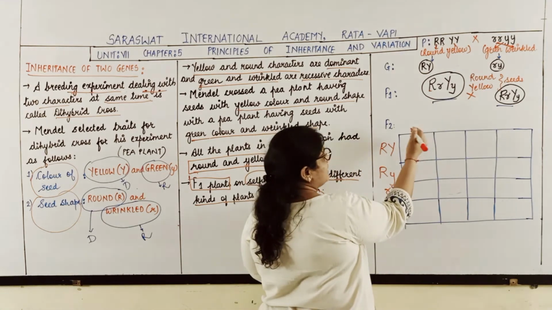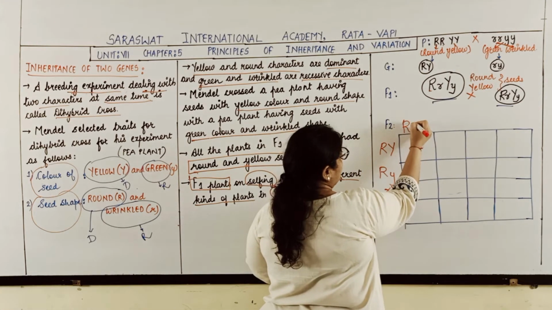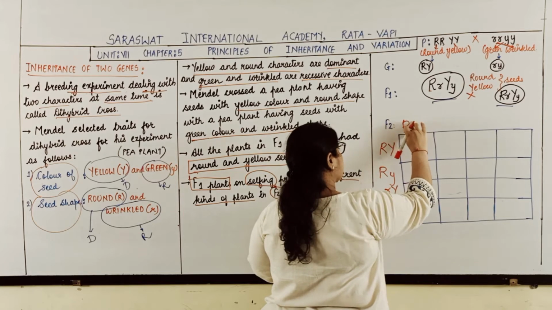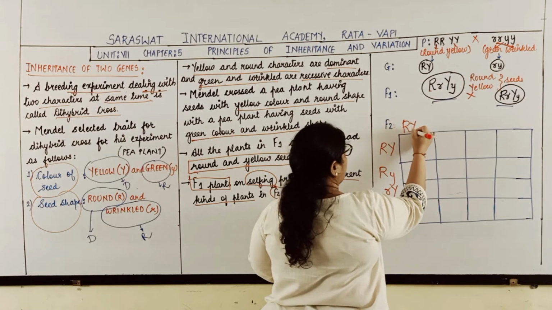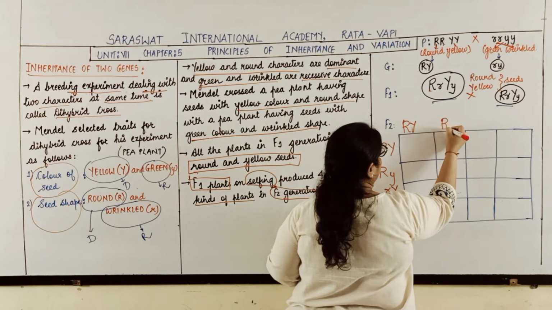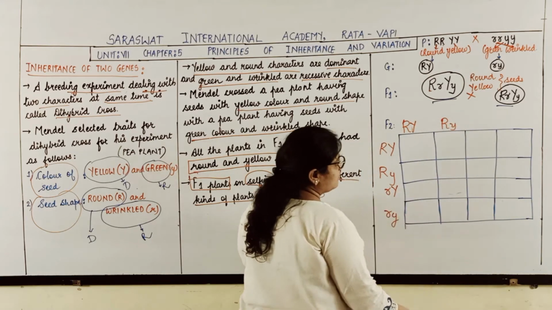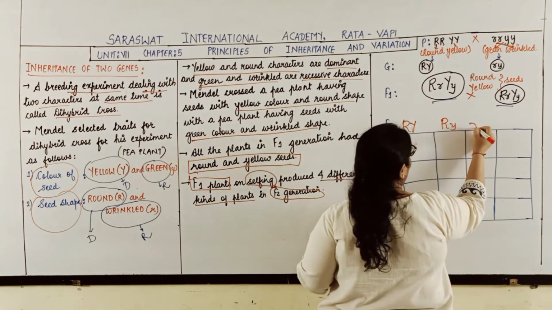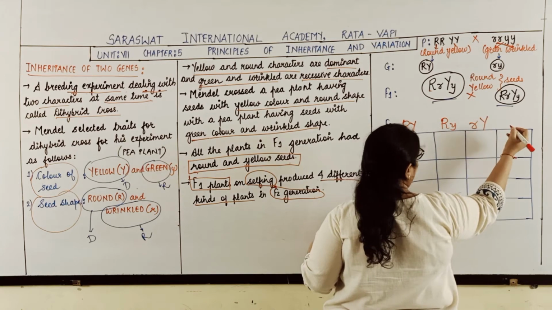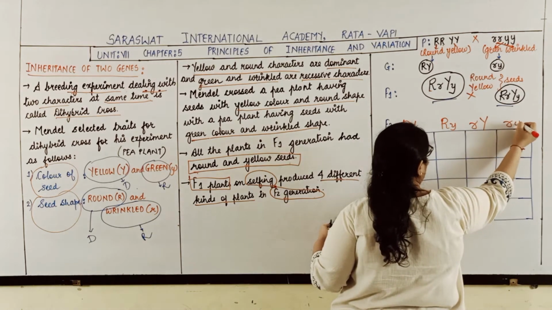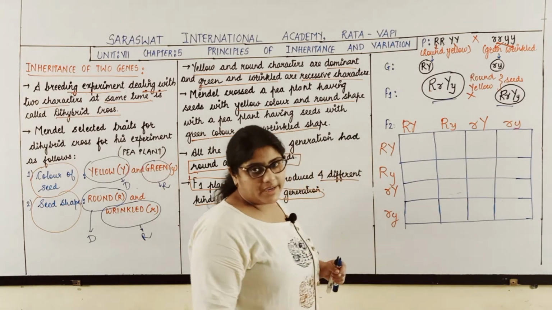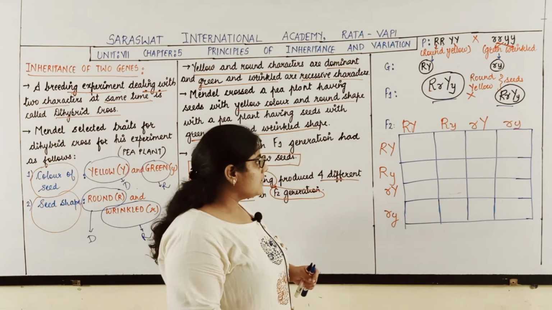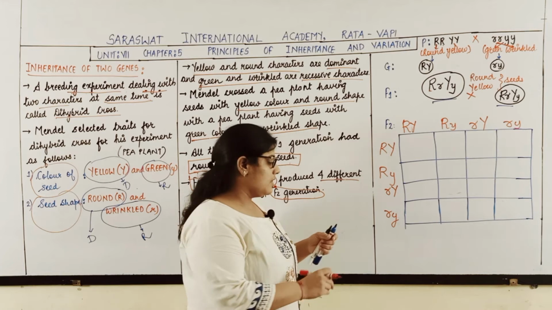Similarly, the same gametes will be produced here: capital R capital Y, capital R small y, small r capital Y, small r small y. Clear, students? Now cross them.